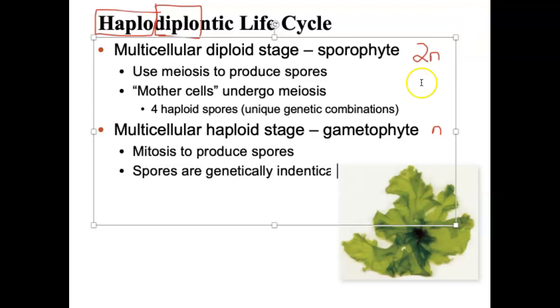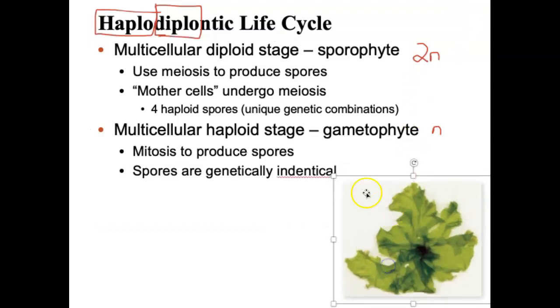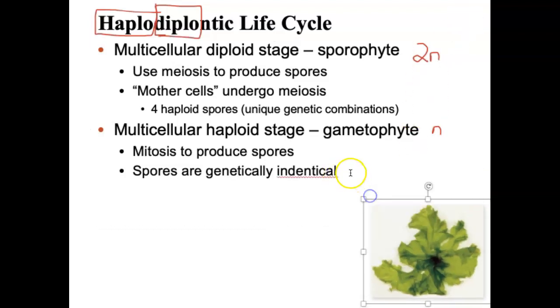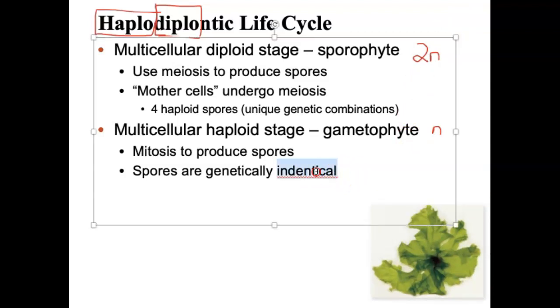Sorry about that, let me move the picture over. The negative here is that all of your spores are genetically identical because you're just making copies and copies and copies. So you're now creating genetically identical clones of yourself.